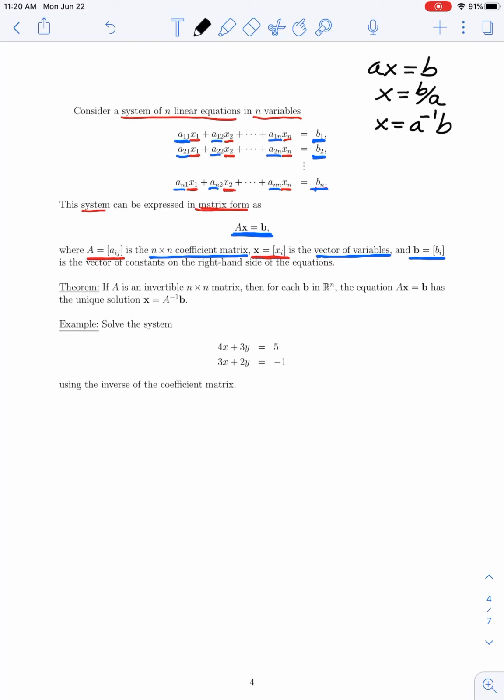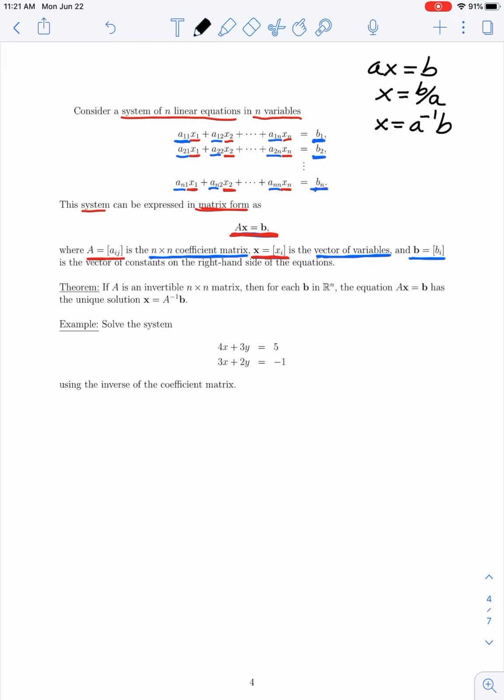So we have a similar concept for this matrix equation. For a times x equals b, if we want to solve for x, well, we would want to sort of divide both sides by the matrix A. Now, here we don't really have anything called matrix division, but equivalently, we have something called multiplication by the inverse.